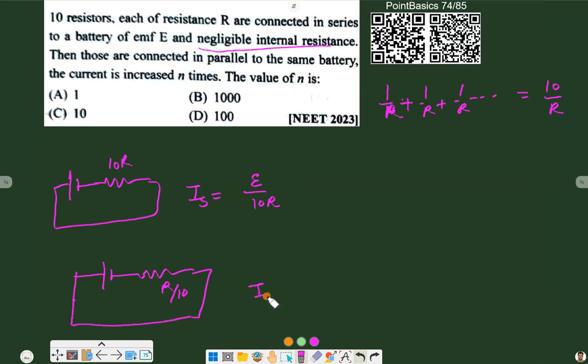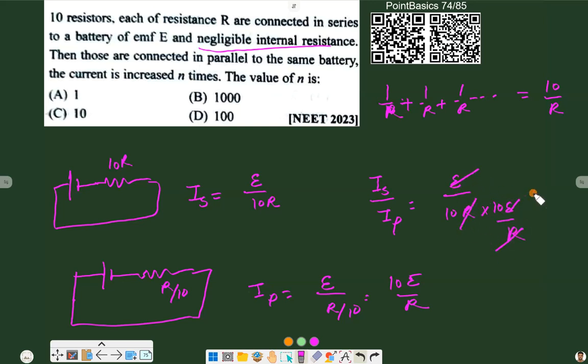Here the current I parallel will be E divided by R by 10, or 10E by R. Their ratio I_S by I_P will be E by 10R into R by 10E. R gets cancelled, E gets cancelled, that is 1 by 100. So in case of parallel, the current is 100 times that of the series. Option D will be the right answer.